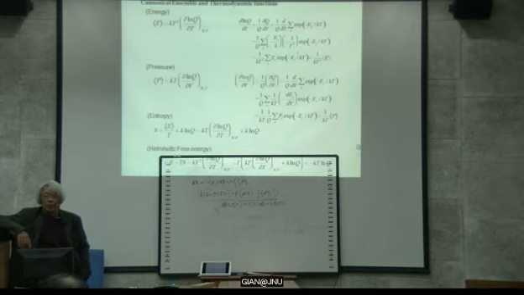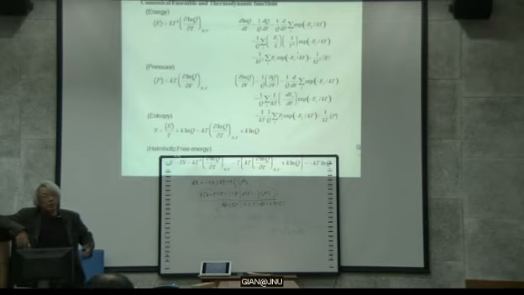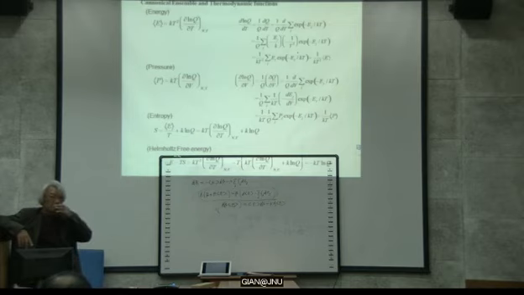Any question, especially about the principle, not the derivation, but more the physics? Derivation you can do by yourself, so no problem. But if you have a question about the concept, you have to ask now.